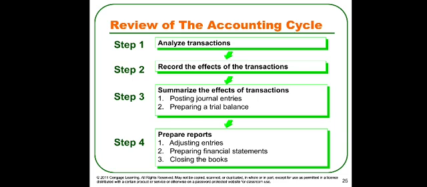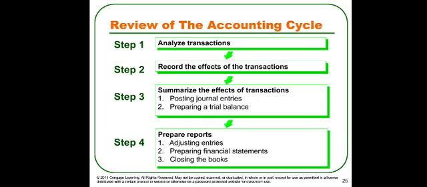The first step is to analyze business transactions. The second step is you record the transactions in the journal. The third step is you transfer all the journal entries into the ledger. Step 4 is you prepare a trial balance.